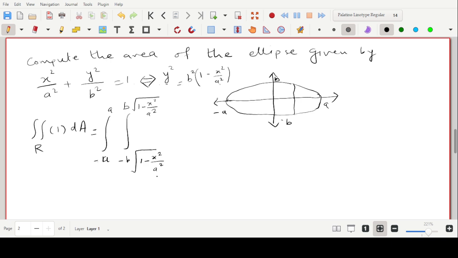Now we have set the limits for both x as well as y. Function is uniformly defined and constant one. First we are integrating with respect to y, and then with respect to x. Right.